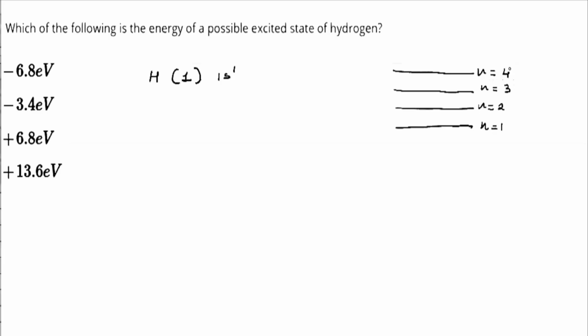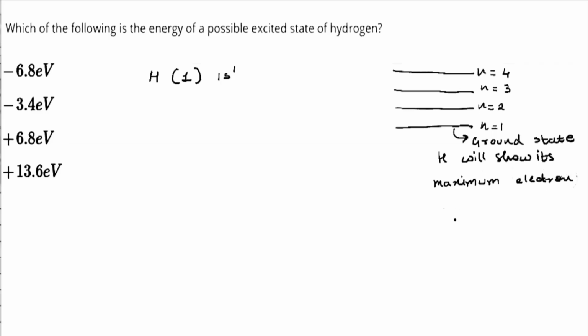Now, when we are talking about hydrogen, hydrogen will have its maximum population of electrons at n equal to 1, that is at its ground state, isn't it? So at ground state, hydrogen will show its maximum electron population.